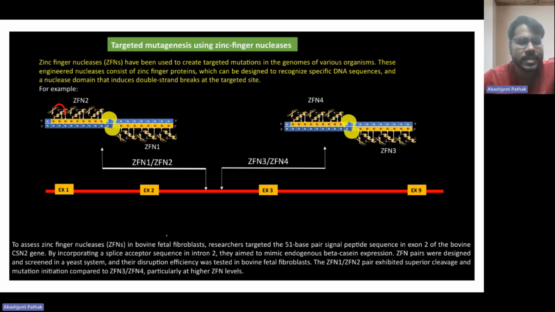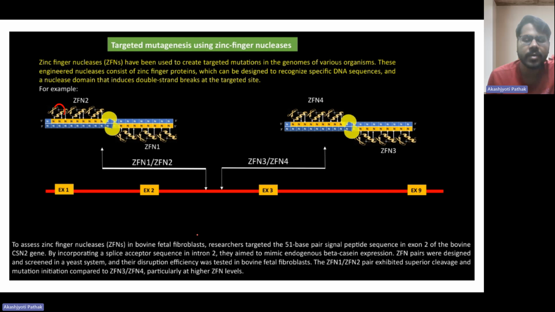To assess zinc finger nucleases in bovine fetal fibroblasts, researchers targeted the 51 base pair signal peptide sequence in exon 2. By incorporating a splice acceptor sequence in intron 2, they aimed to mimic endogenous beta-casein expression.